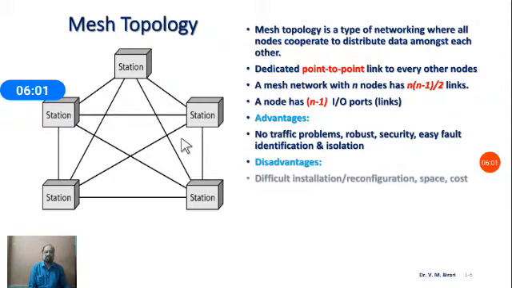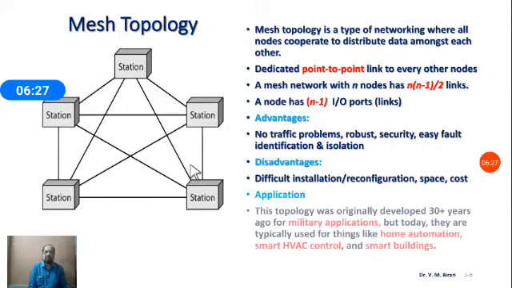Disadvantage: difficult to install since the number of links is large. In the diagram we can show 5 nodes, but just imagine 1000 computers: it is 1000 into 999 divided by 2. So a huge network will be there. Here we can say it is difficult to install or reconfigure, more space is required, and cost is very high.